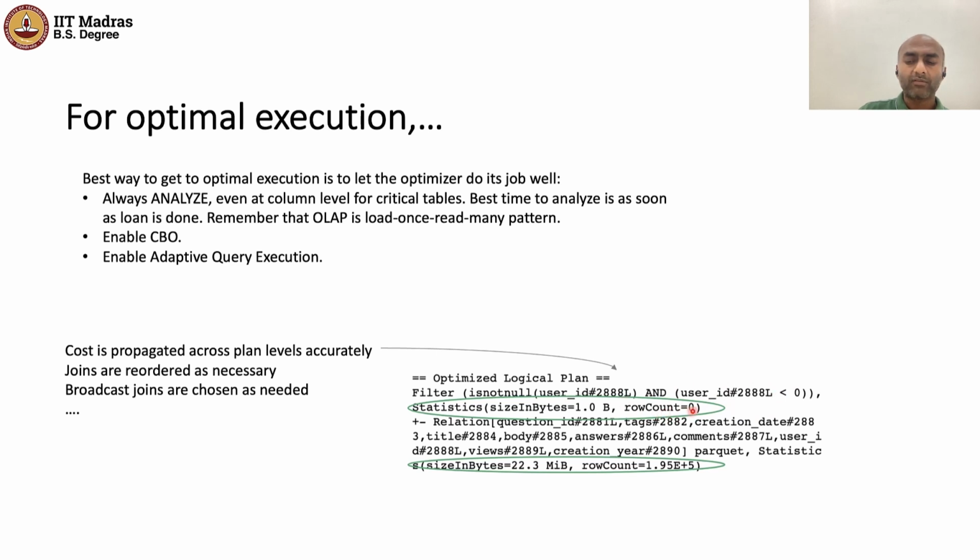Therefore, the row count is 0, and the size is a constant, like 1 byte. So this info is available at planning time. It doesn't actually need adaptive query execution for this. And why is this available at planning time? Because of the analyze step. So that makes it very conducive.